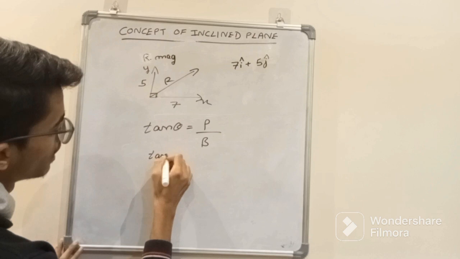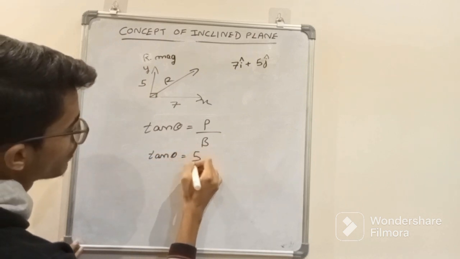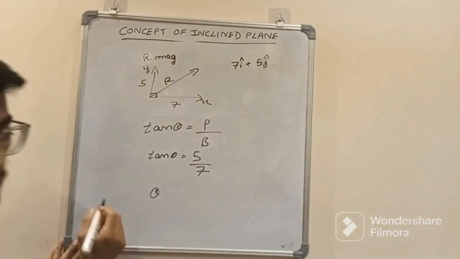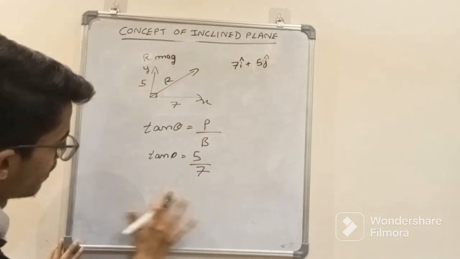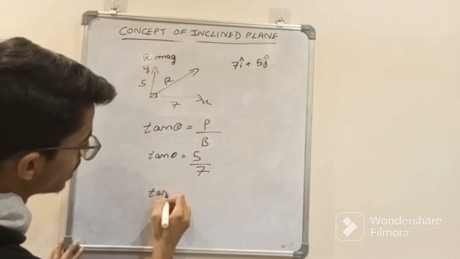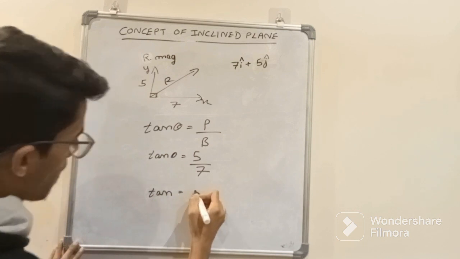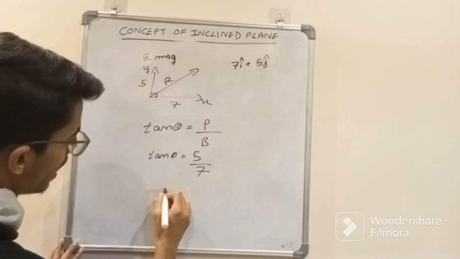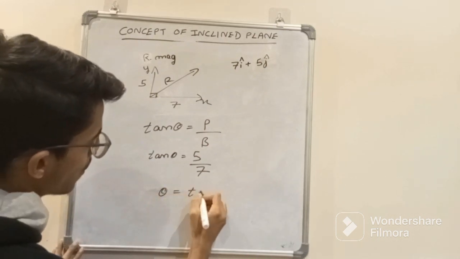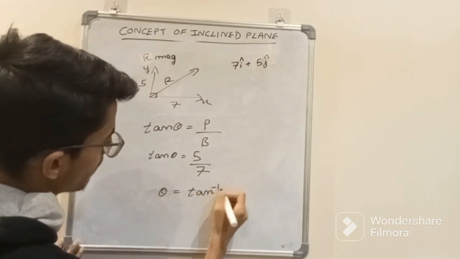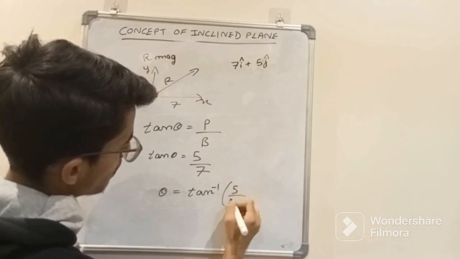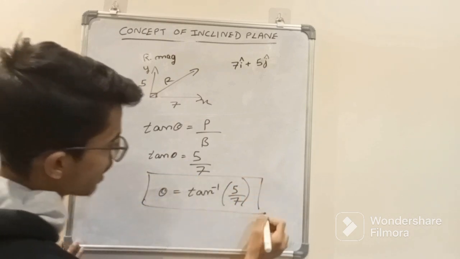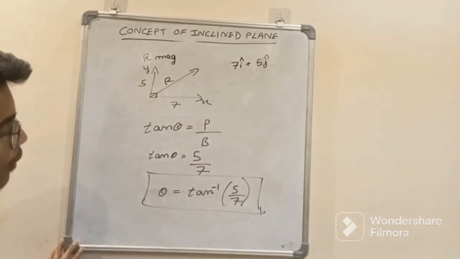So tan theta is equal to 5 by 7, and the mathematical way of representing it is theta is equal to tan inverse 5 upon 7. So this is our direction. Hope that's clear.